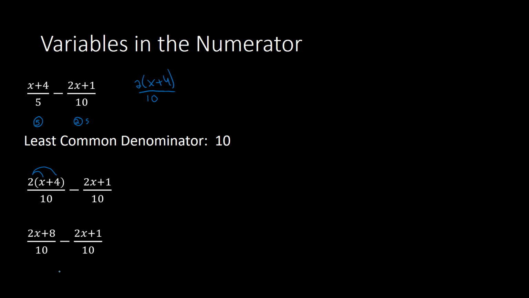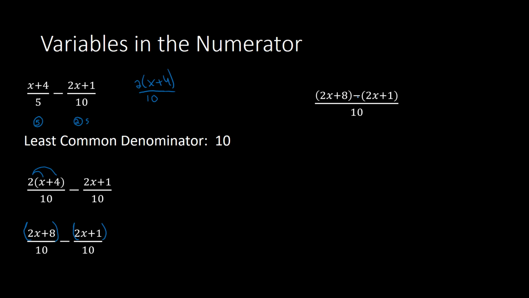And then when I subtract, I am subtracting the entire quantity of 2x plus 8 minus the entire quantity of 2x plus 1. So what I have is 2x plus 8 minus parentheses 2x plus 1. And be careful, because this parentheses will make a difference. If you don't subtract this whole quantity, you will get the wrong answer.